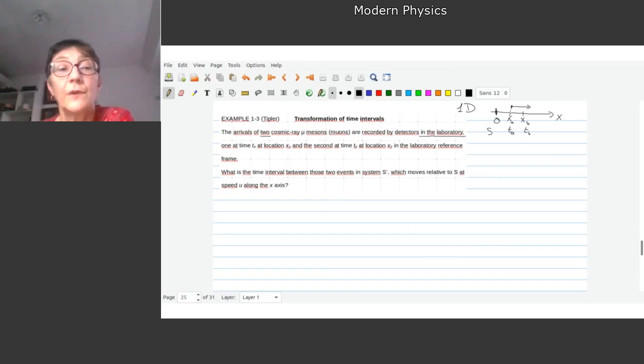What is the time interval between those two events in system S prime, which moves relative to S at speed U?